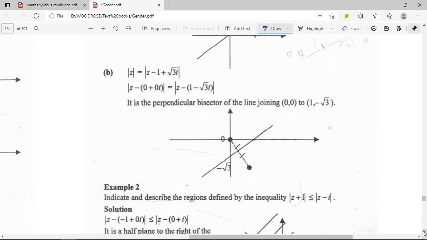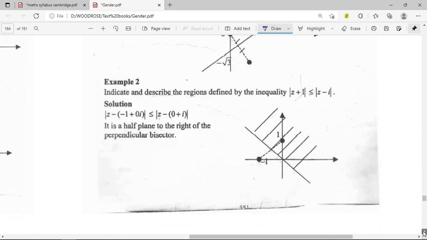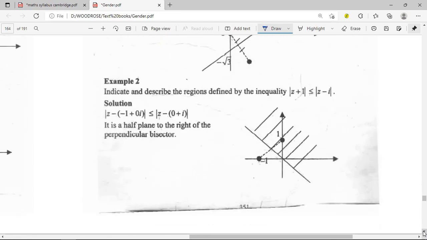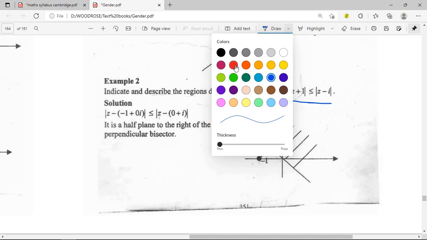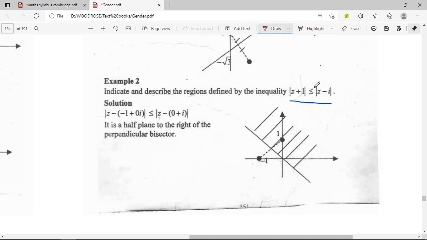Then example 2 now, they are inequality signs. It's saying indicate and describe the region of this inequality. Let's see here. Are they shading the wanted or the unwanted region? So now let's rewrite this one in our form.